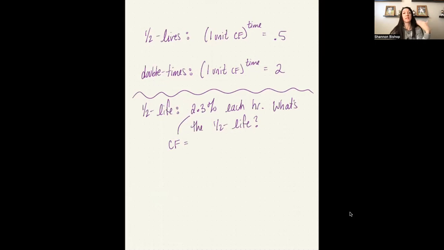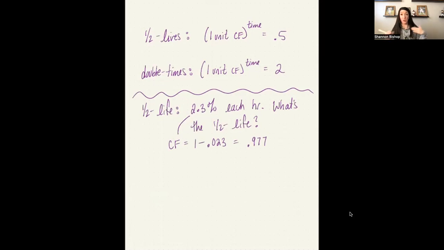Your body processes it at 2.3% of the drug each hour. So the change factor will be 1 minus 0.023, which is 0.977.